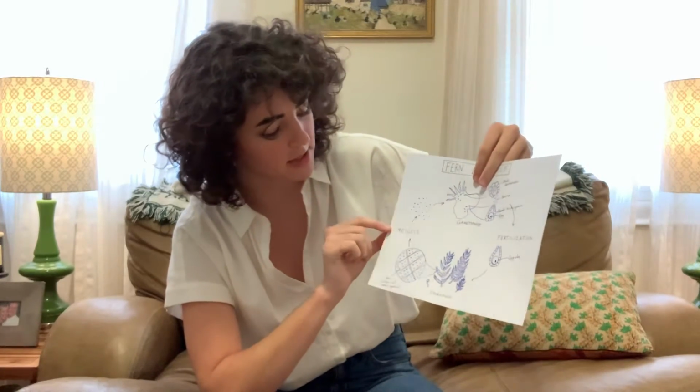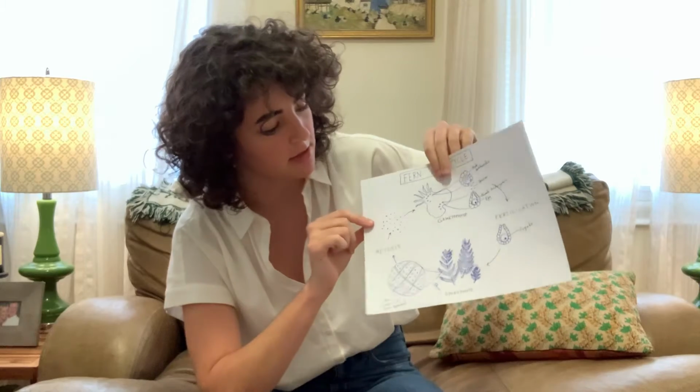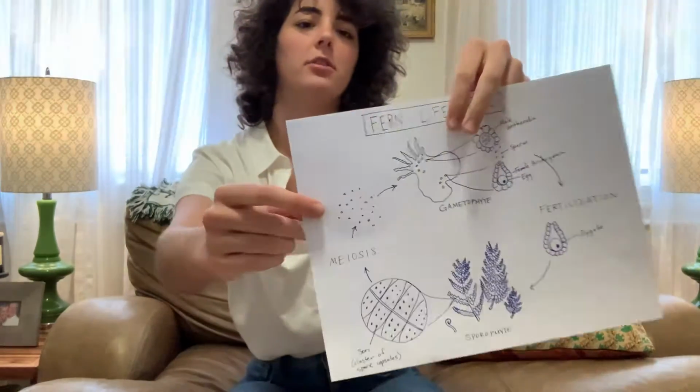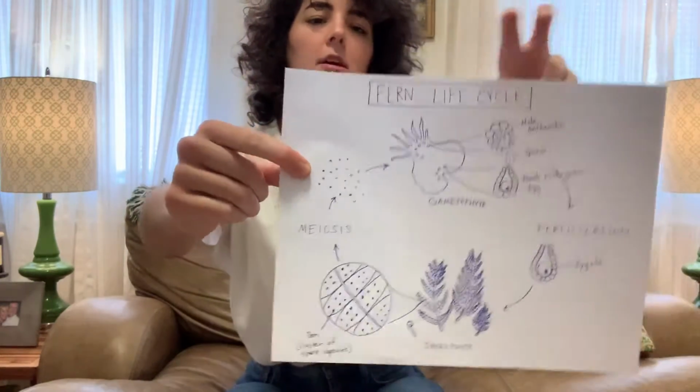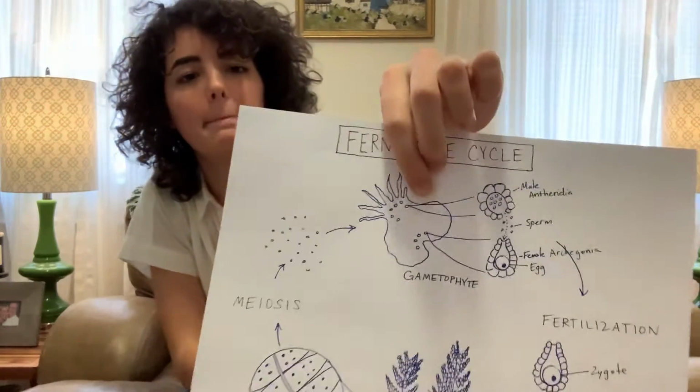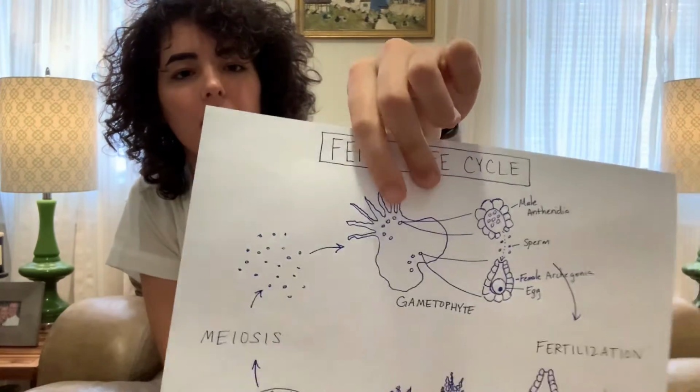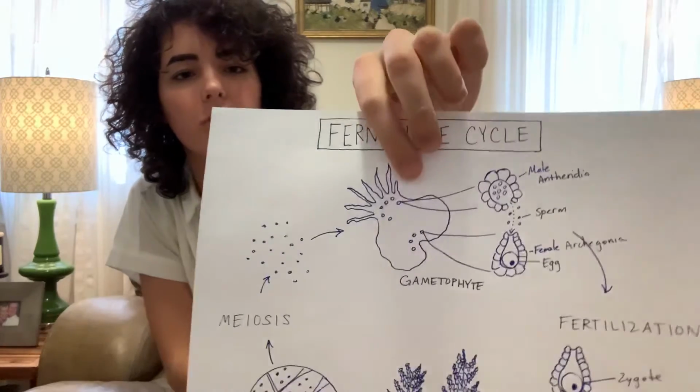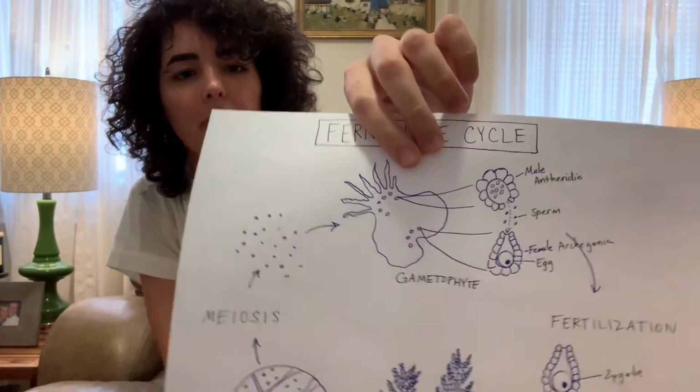Through the process of meiosis, they create these spores. So now we have all these loose spores up here. They spread out and look for moist ground, and when they find it, they grow into a gametophyte. The gametophyte has root-like structures, so it grows into the ground with that.